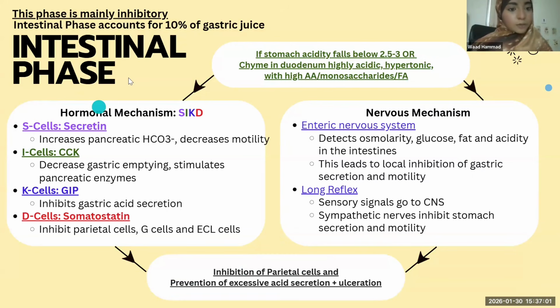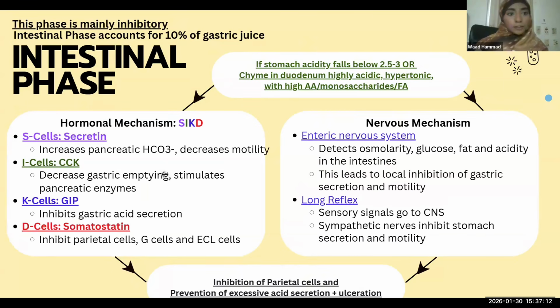If it's all inhibited, where does the gastric juice come from? There is still some coming out if, for example, it's all fine. Our chyme is fine, the pH is fine, everything is fine, and they just want to digest a little bit more before it goes into the duodenum. It can release some gastric acid, but again, the amount is very variable.